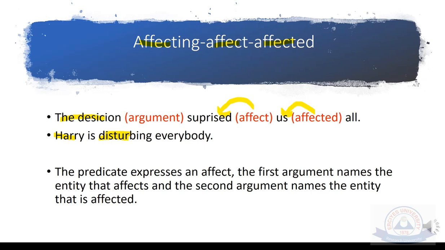Disturbing somebody or disturbing something, but there should be certainly an affected entity here. So we should say that if there is a need for the affected item as the object, we can say that the verb is the effect, actually. So this is called affecting, affect, and affected.